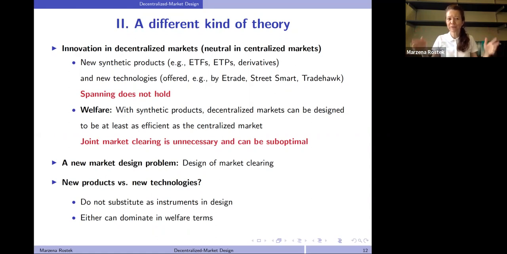Even if all traders trade all assets and all derivatives, and there are no regulatory frictions, which would only amplify these effects. Now, furthermore, the failure of spanning has other consequences, which I would like to talk about. But before we do, we can now ask, what are the implications of these new products or technologies for welfare?